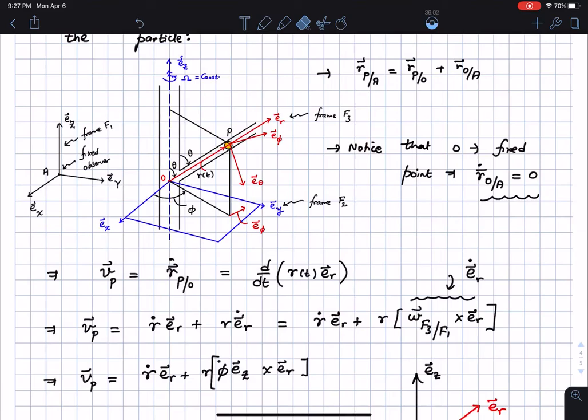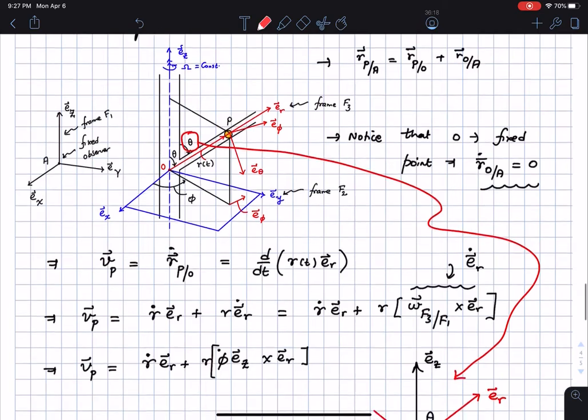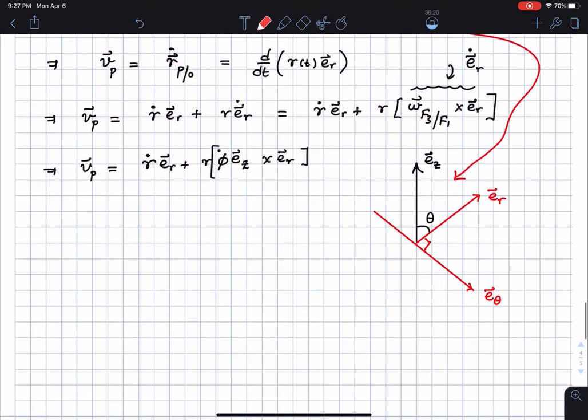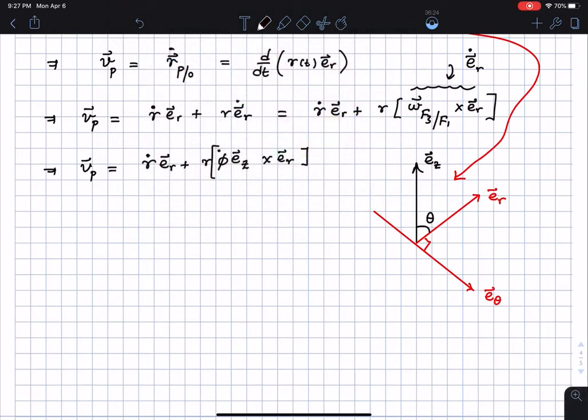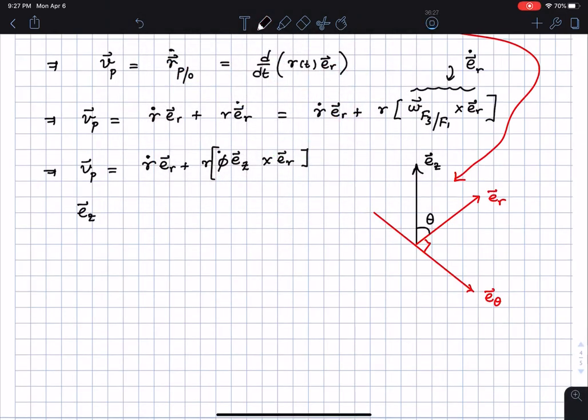This is the angle that I'm talking about, and I can put an arrow and point it out. That is the angle theta, and I'm going to skip some of these steps because we know how to do this. So EZ can be written as cos theta ER minus sin theta E theta.